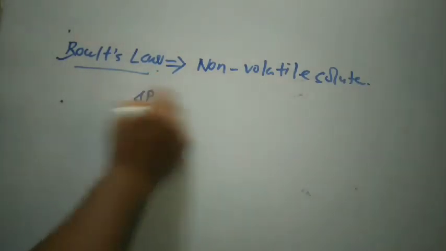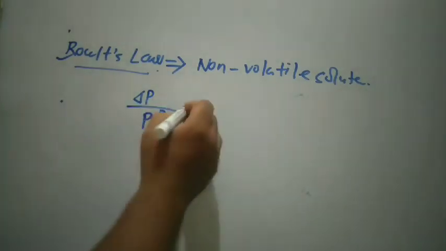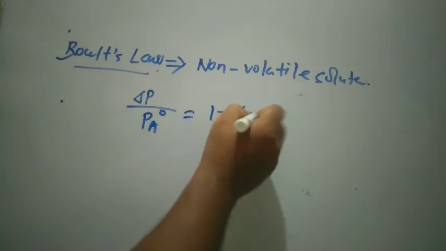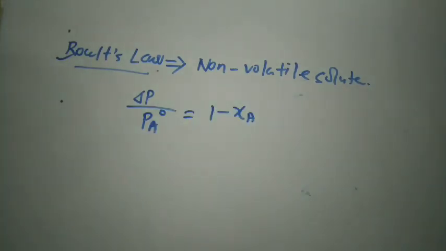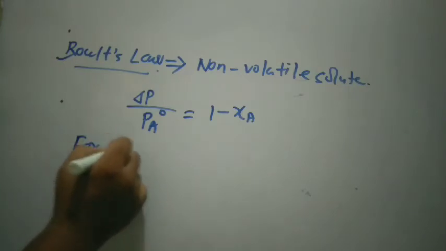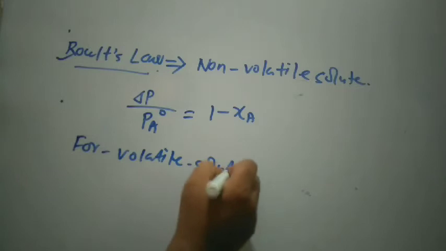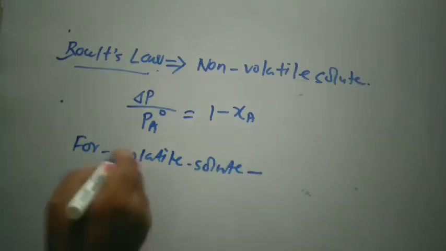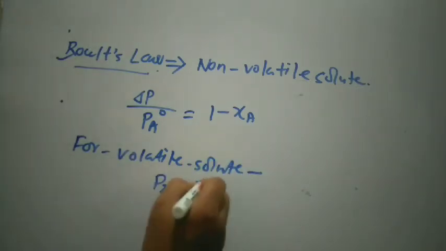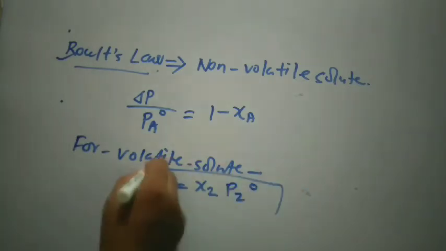delta P divided by P_A^0 equals 1 minus X_A, and for volatile solute we will have P2 equals X2 P2^0.